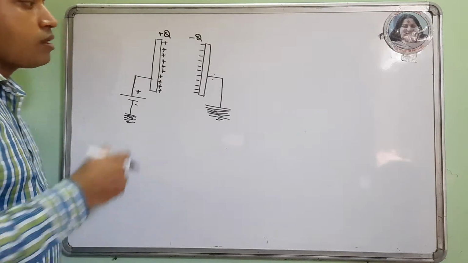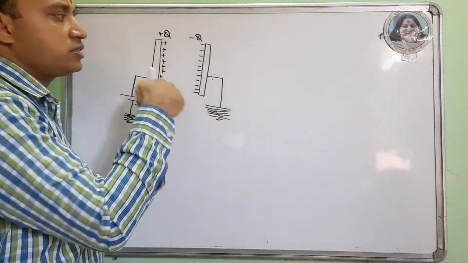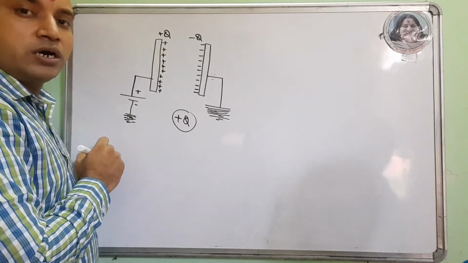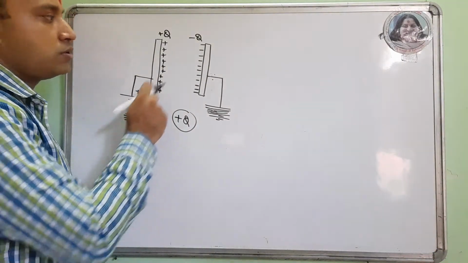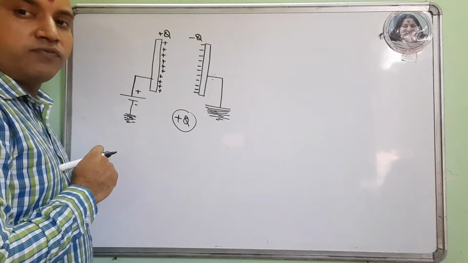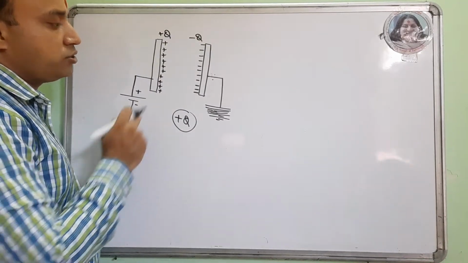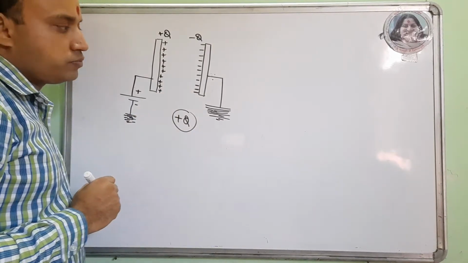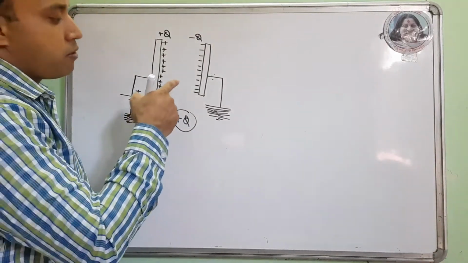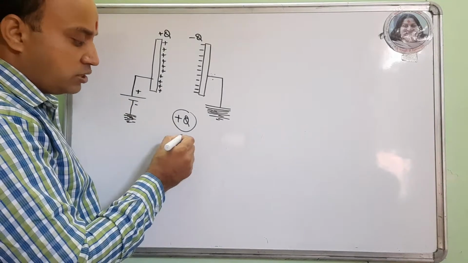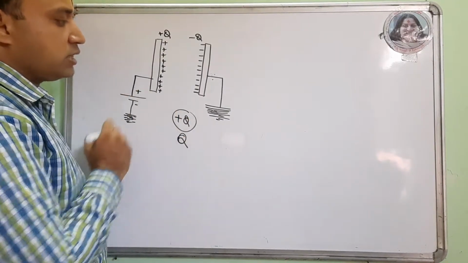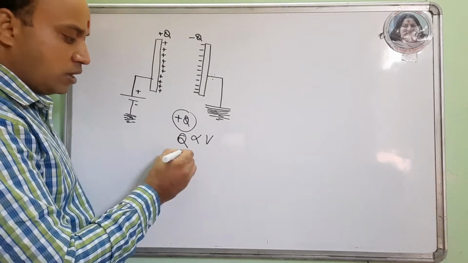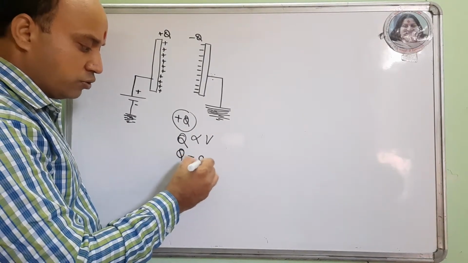Now, the charge stored by the system is plus q, meaning plus q is arranged by both the charges. How can we find out the charge stored? If I connect an electric bulb, then it will certainly glow. So the charge stored by this arrangement is proportional to voltage, and charge is equal to CV.